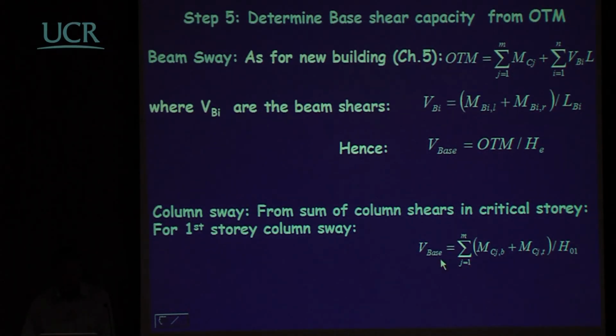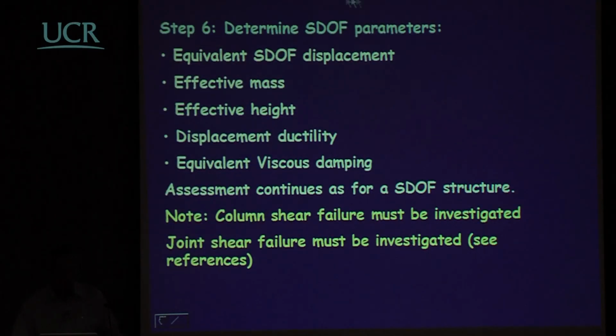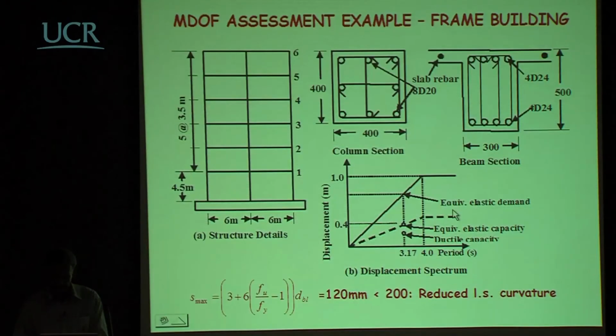Step 6 is to determine the single degree of freedom parameters: the equivalent displacement, effective height, mass, ductility, and equivalent viscous damping, and then the assessment continues as for a single degree of freedom structure. We note that column shear failure must be investigated, and column and joint shear failures must also be investigated.